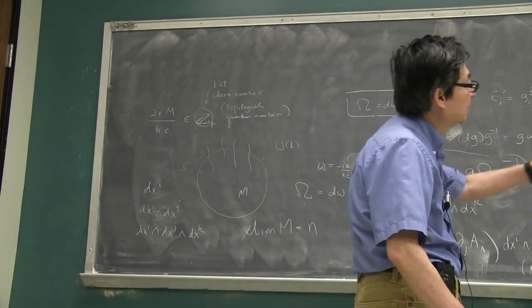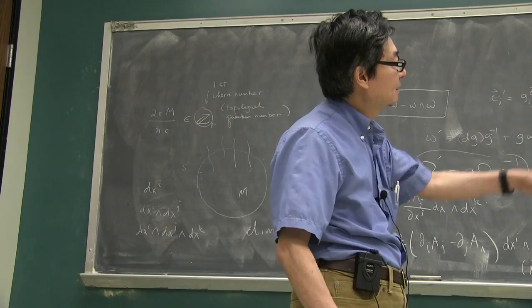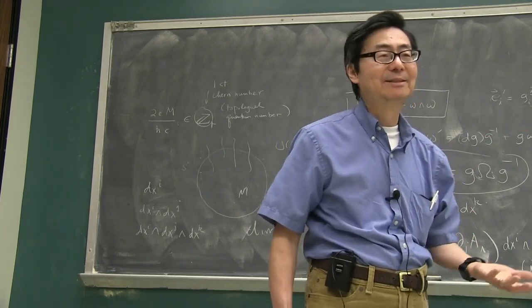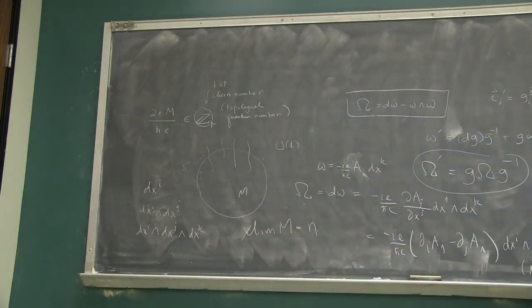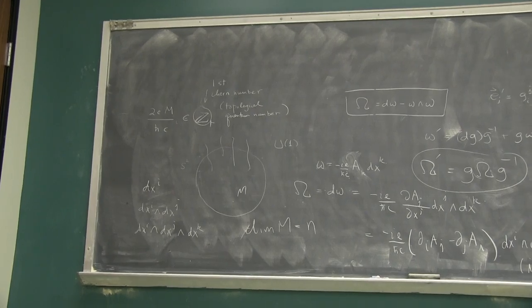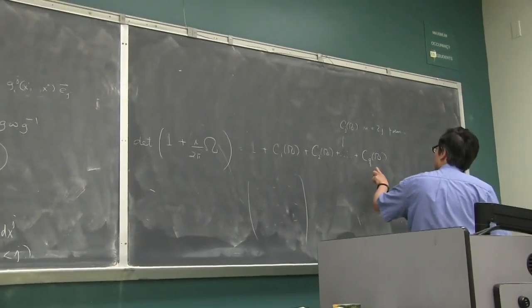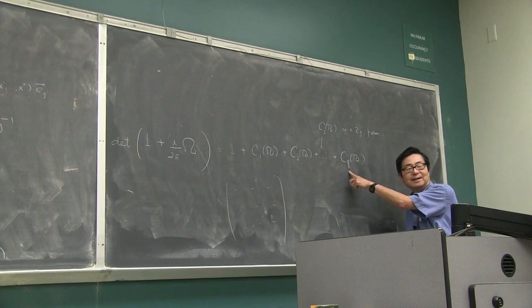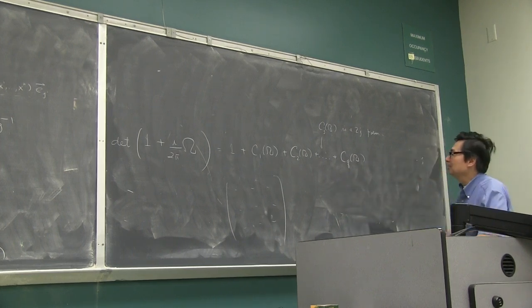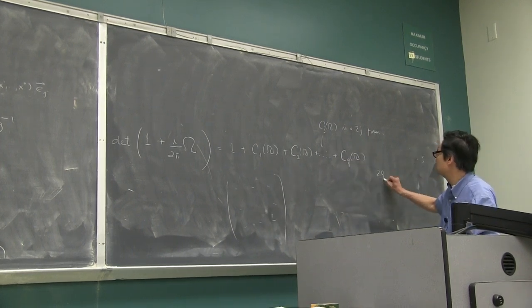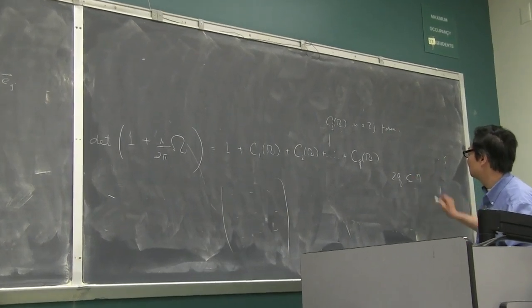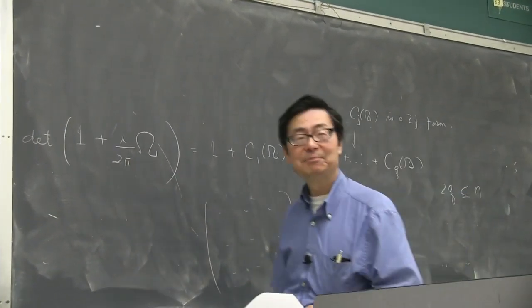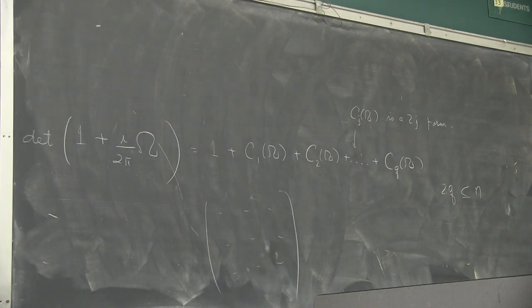And so obviously, that being the case, that sequence must stop someplace, okay? Because the order of these forms increases from term to term. Here's a 2 form, here's a 4 form, here's a 2q form, okay? And so in order for this to be non-zero, 2q must be less than or equal to n, right? n being the dimension of the underlying manifold, okay?